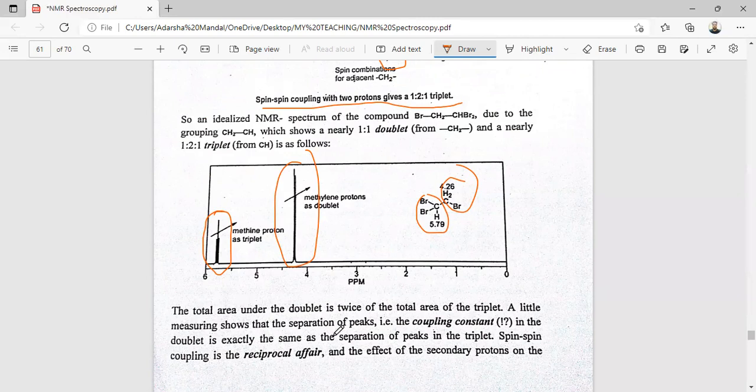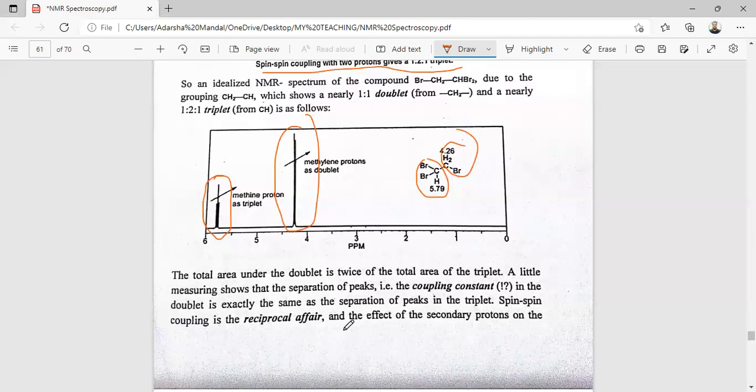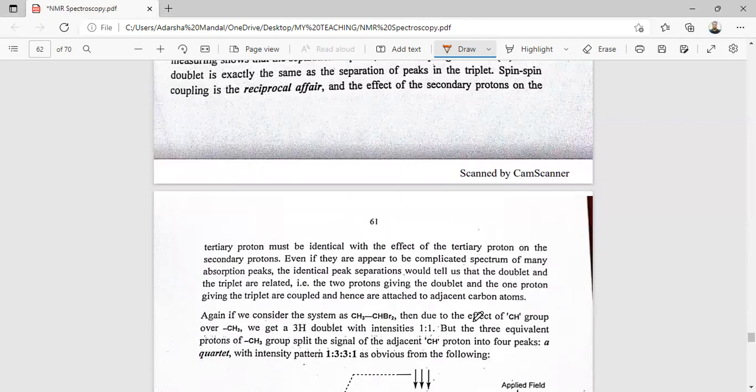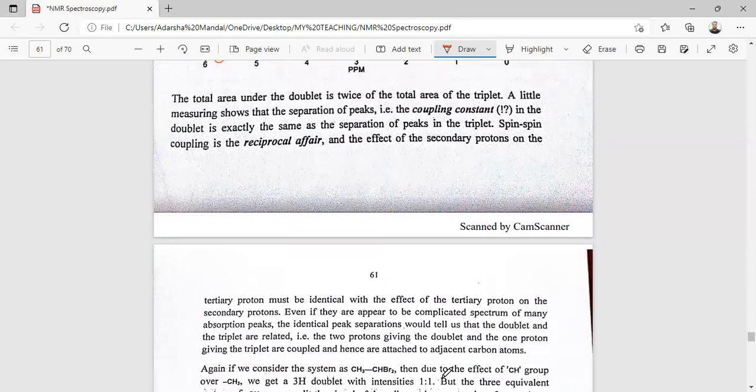We can also measure the peak separation. The coupling constant in the doublet is exactly the same as the separation of the peaks in the triplet. Spin coupling is a reciprocal affair, and the effect of the secondary protons on the tertiary proton must be identical with the effect of the tertiary proton on the secondary protons. So when there is splitting of a peak, the separation between the two peaks for the secondary proton and the separation for the tertiary proton are the same.